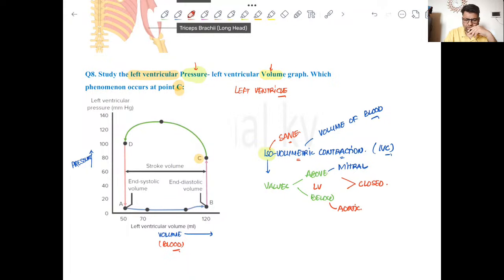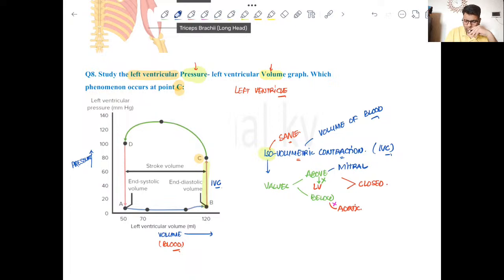Neither any amount of blood will flow in, neither any amount of blood will flow out. Clear? So the amount of blood within the left ventricle will remain as such, and then the ventricle is contracting. Now as the ventricle will contract, the pressure within the ventricle will keep on increasing. So this phase is IVC.